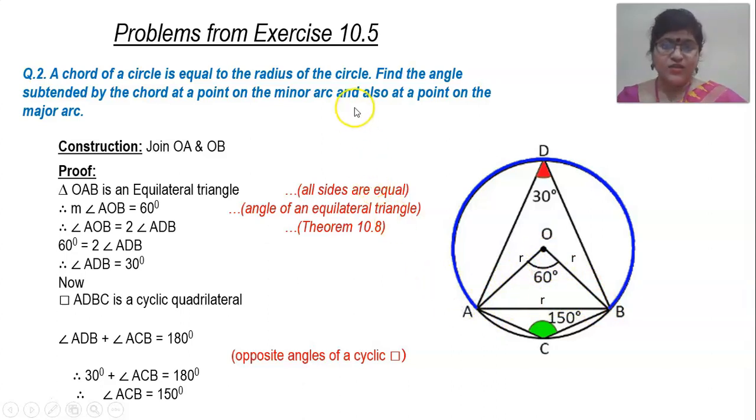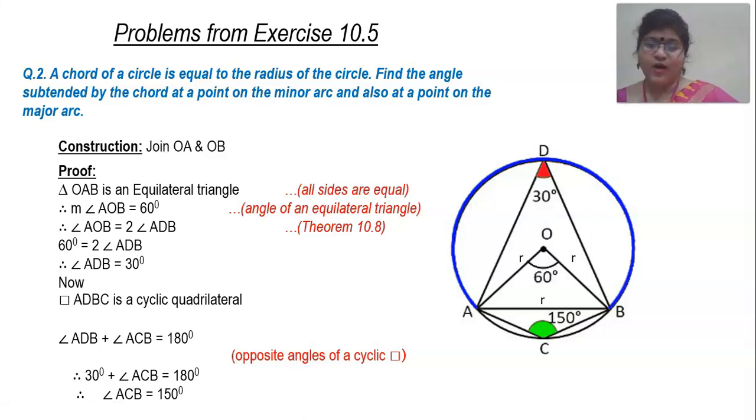And they have asked here to find out the measure of the angle in the major arc, which is angle ADB, and the measure of the angle in the minor arc, which is angle ACB. So construction: join OA and OB, you get an equilateral triangle, and each and every angle of the equilateral triangle is 60 degree. So measure angle AOB is 60 degree.